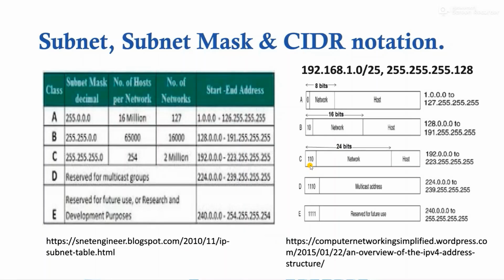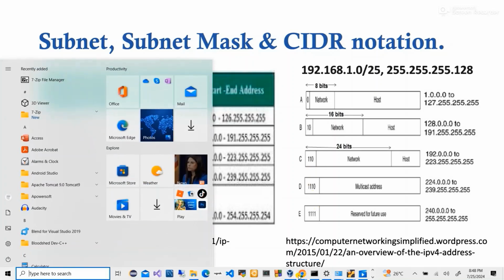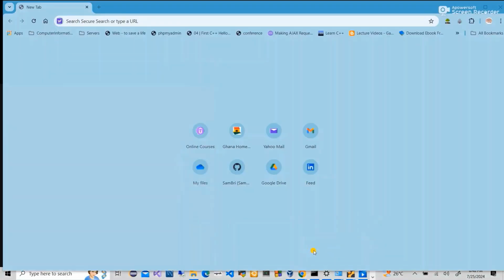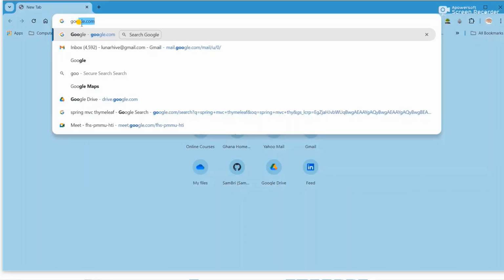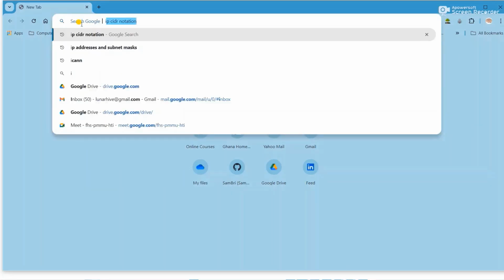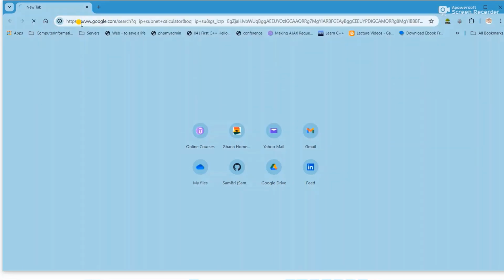Alright guys, so let's go ahead and check our calculations online. We'll use a subnet calculator online. Let me get my browser here and go to an IP subnet calculator.